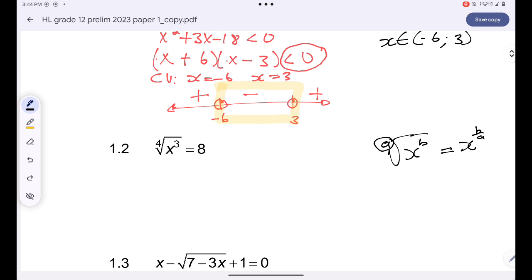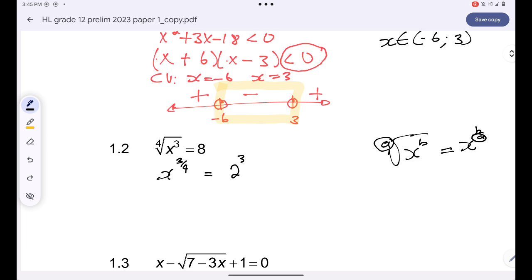The root of a number is always the denominator of the exponent. So the left hand side can be written as x to the power 3 all over 4, which is just equal to 2 cubed.